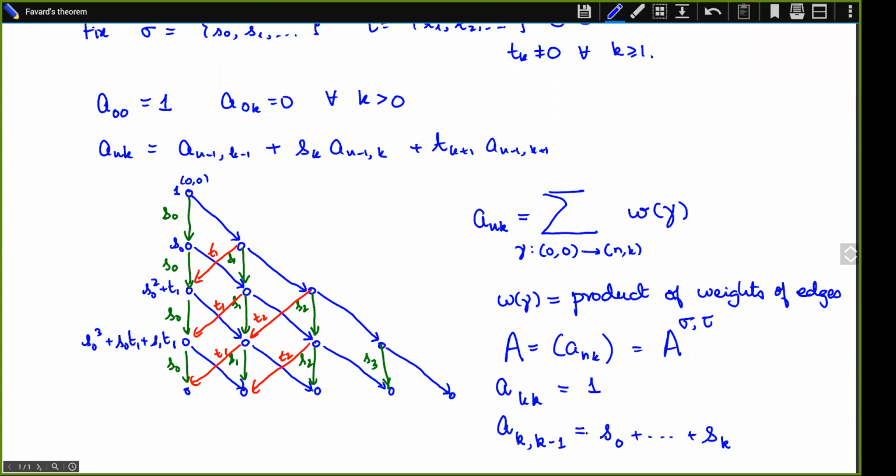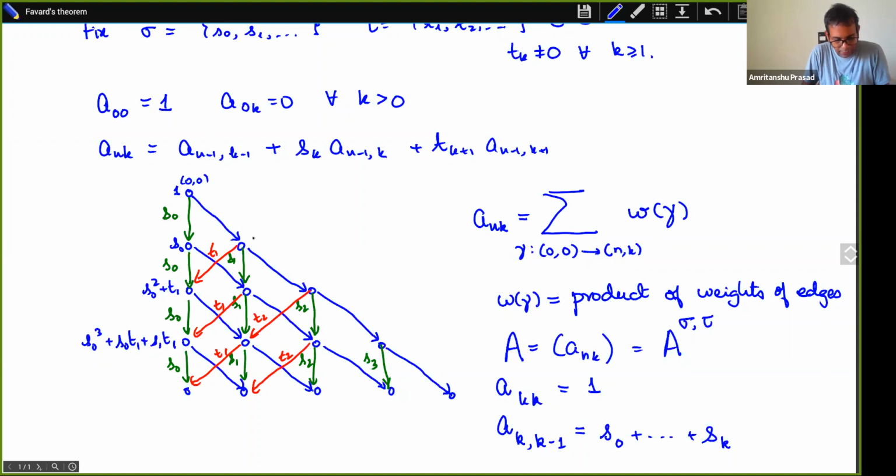Another common case is when all the S's are 0. When all the S's are 0, this diagram breaks up into two connected components: A_{ij} where i plus j is even, and A_{ij} where i plus j is odd.